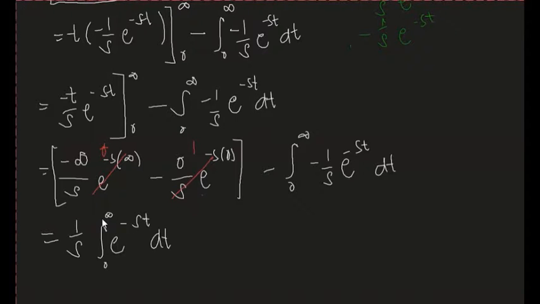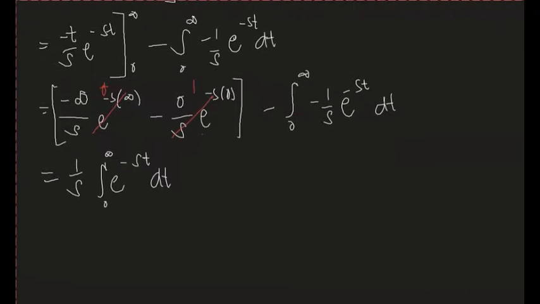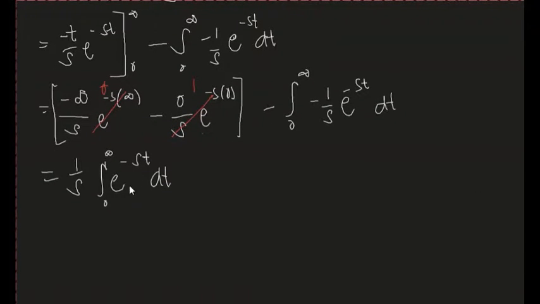So this time, we can now perform our integration of e raised to negative st from 0 to infinity. So take note that we already solved earlier the integral of e raised to negative st. But we can perform it again. So we will have u equal to negative st, du is equal to negative s dt.